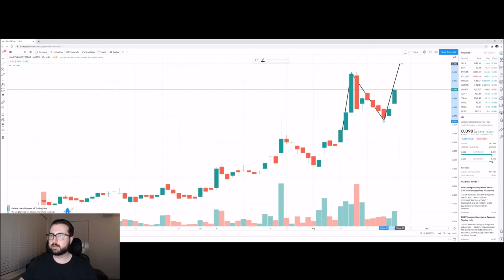You have a head, however big it may be, it might be big, might be small, you never know, and then you'll have another shoulder, which is lower. If we saw this, we'd know the overall long-term trend of this stock would be reversing, and the price would actually now start heading in this direction right here. But that is only a potential scenario.